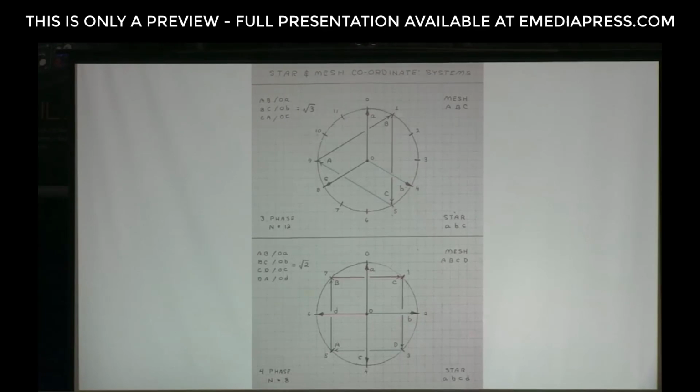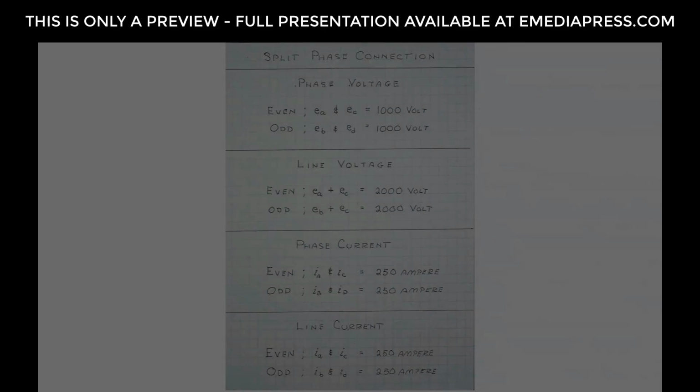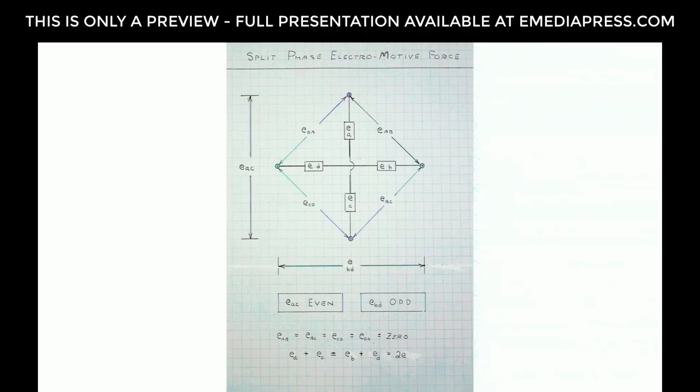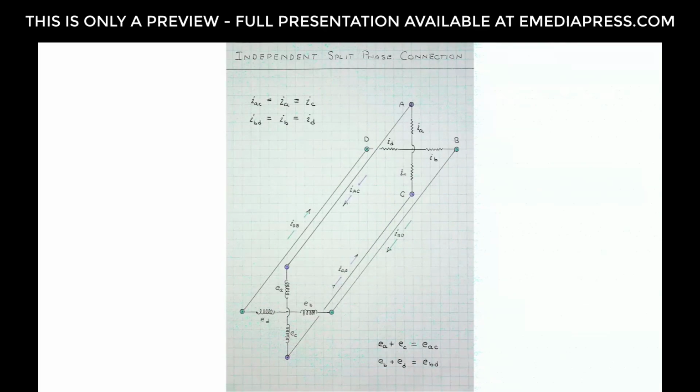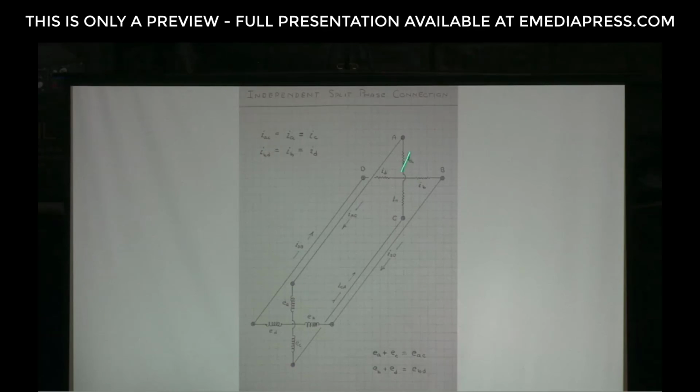And most importantly, it will be noted as we go from the star configuration to the mesh configuration that phase A has fallen behind 90 degrees, but the currents are the same. So the current has no choice but to be the same, because they're in a series connection, but the voltage doubles. So we have that type of complex addition going on here. Where this is a phase and this is the line, the voltage doubles, but the current remains the same in this configuration.